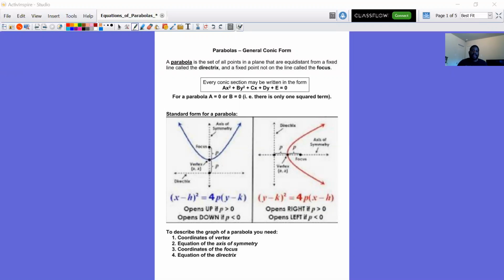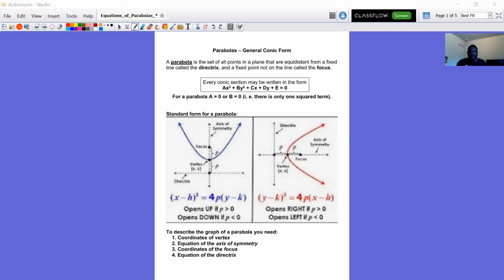We could have parabolas that open up or down, and you'll know you have that type of parabola if your x term is squared. You'll have a parabola that opens left or right if your y term is squared. And of course, we will look at the sign in front of the other variable to see if it's positive or negative.